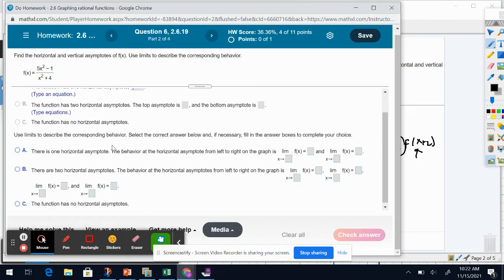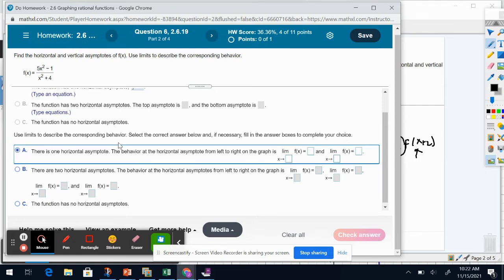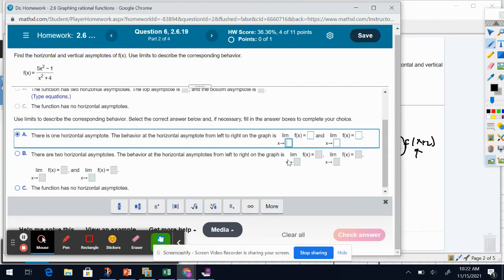Okay. Says use limits to describe the corresponding behavior. Select it. So this is where I was talking about. This is asking the limit. There is one horizontal asymptote. What is that horizontal asymptote? It's at 5. As x approaches, let's see, how did I do this?